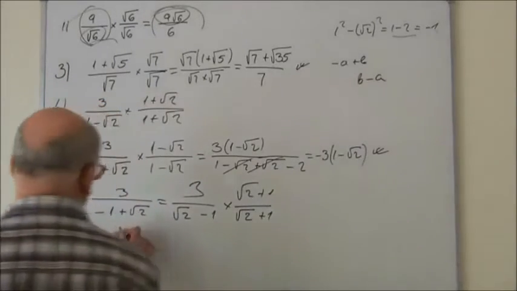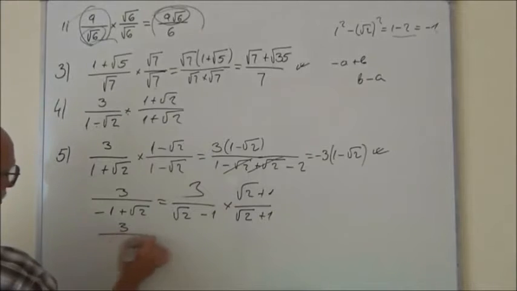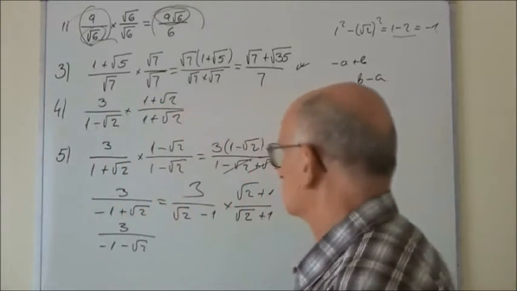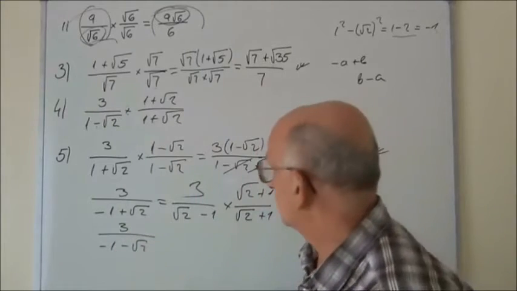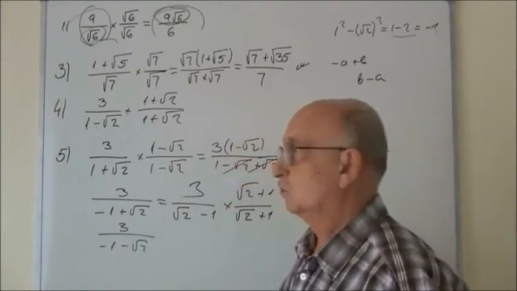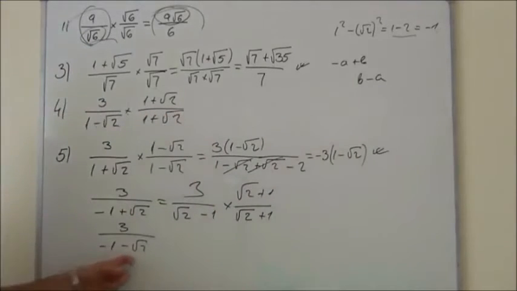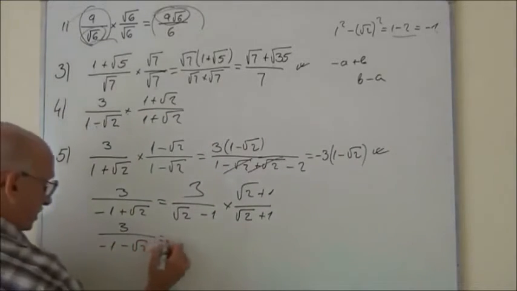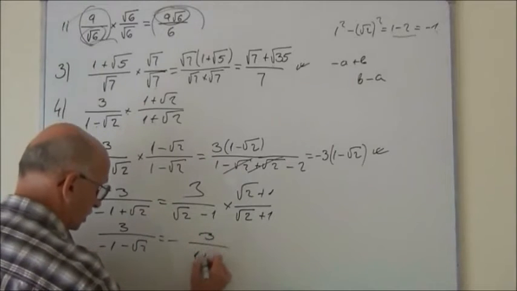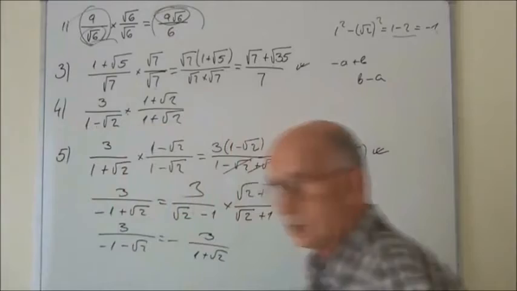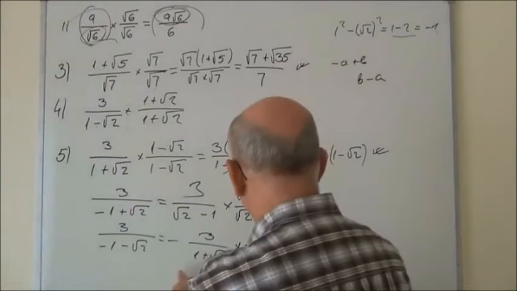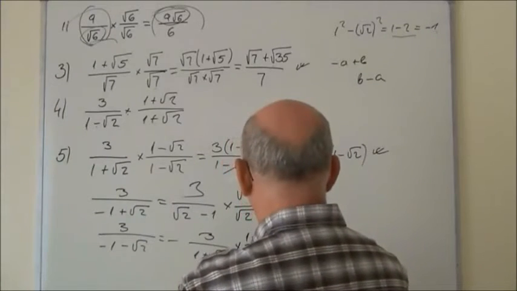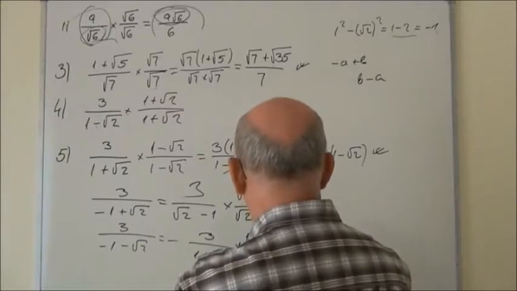Or a question may also come like minus 1 minus root 2 to rationalize. This is just like playing some games with the minus, but you can take minus 1 as a common factor, and then you have minus 3, and here both will be pluses, 1 plus root 2. Now who cares, simply change this sign, and you are perfectly fine to continue.